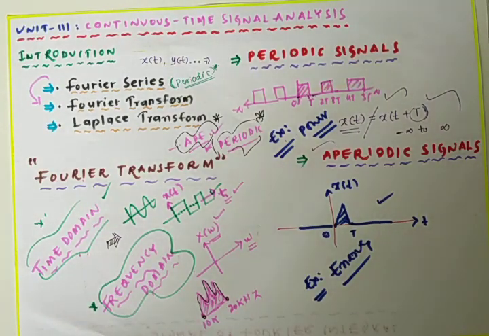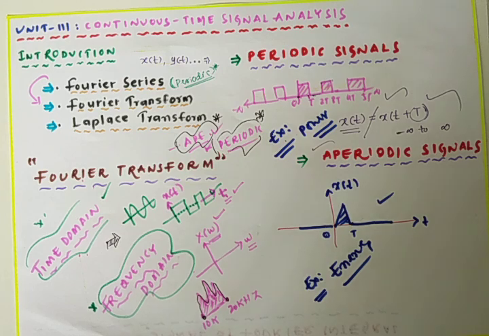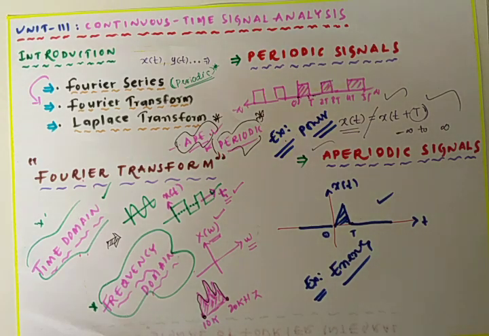So power signals are periodic signals, and for such signals the Fourier series can be used for analysis. Energy signals are non-periodic signals, and for such signals the Fourier transform can be used for analysis. The Fourier transform can be used for periodic as well as non-periodic signals.